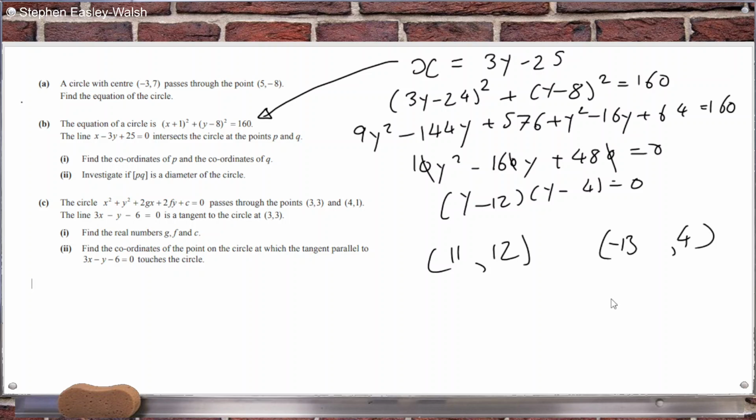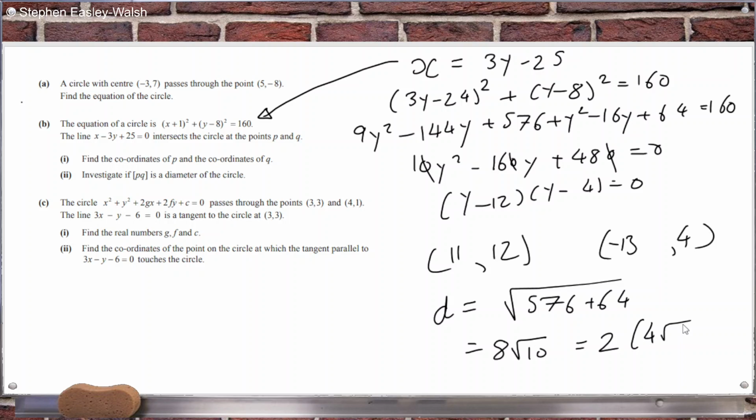Check if PQ is the diameter. Well, if it's the diameter, then it should equal twice the radius. So the distance here will be the square root of the difference between 11 and minus 13 squared, which is 576, and 12 and 4 is 8 squared, 64. So that's equal to 8 root 10, which is equal to twice 4 root 10.